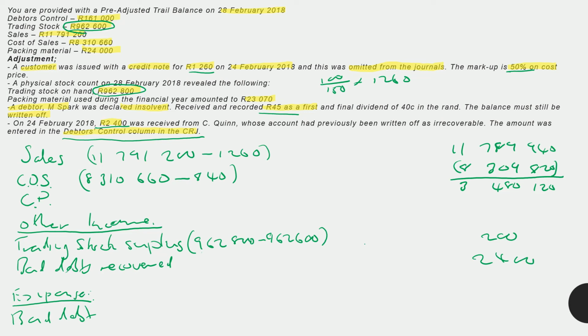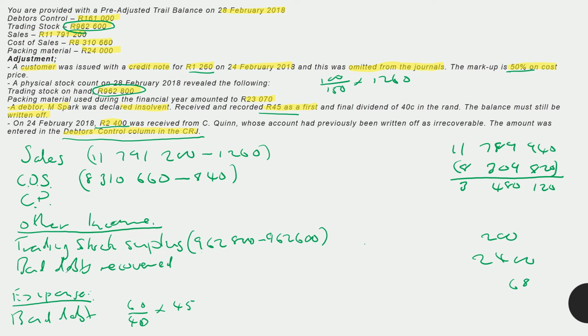So we want the 60 cents. We say 60 over 40 times 45, which gives us 67.50, so 68.